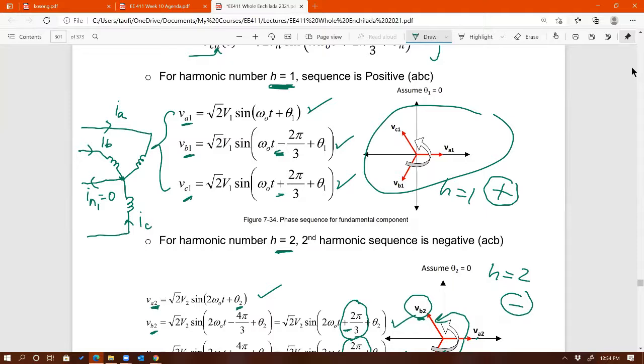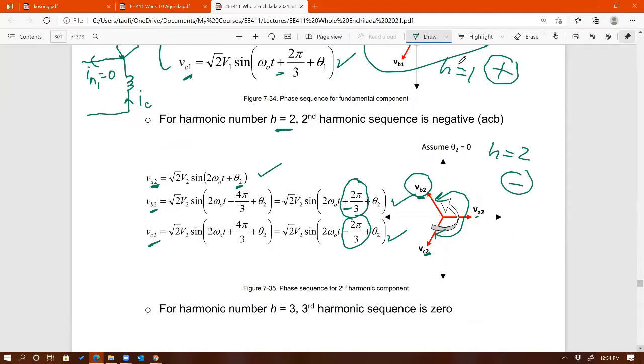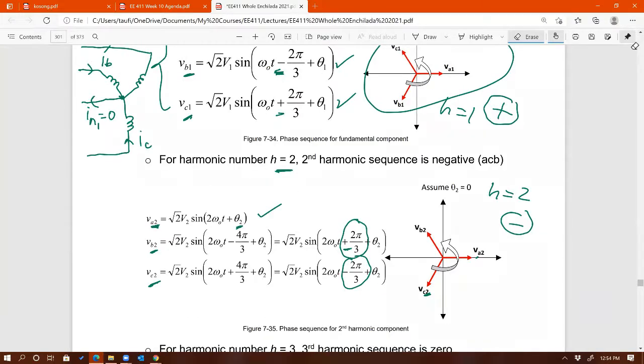What about second harmonics? It follows negative sequence. Go ahead and change those V's to I: IA2, IB2, IC2. What happens if you add the three? It's equal to 0 again. At this node, by KCL, all three currents add, giving you IN.